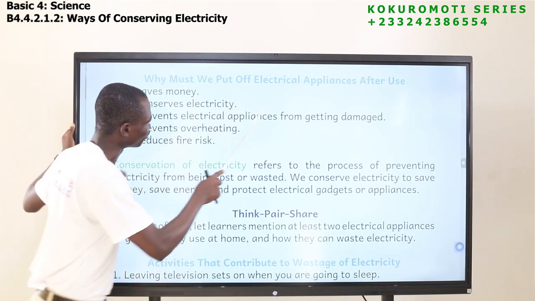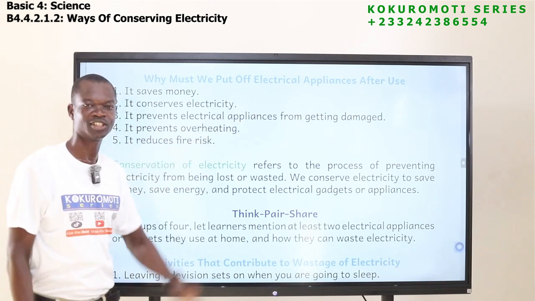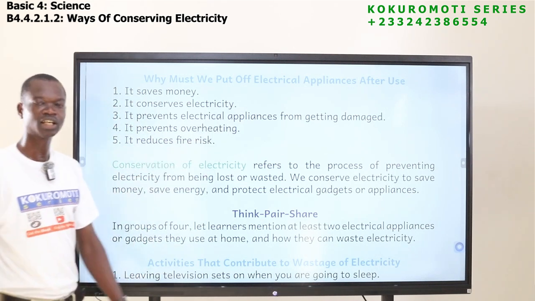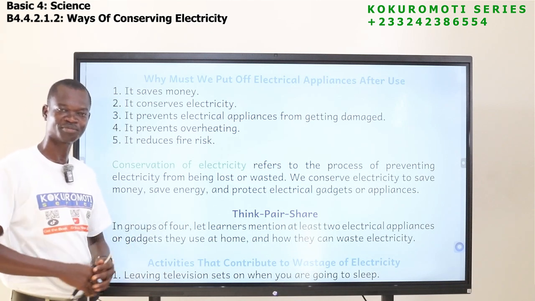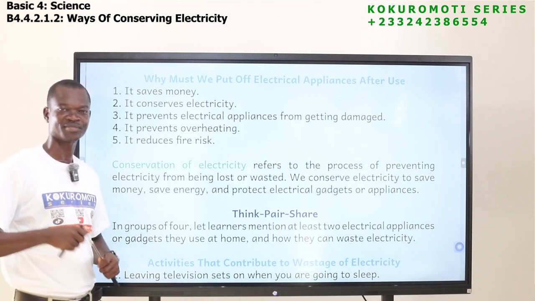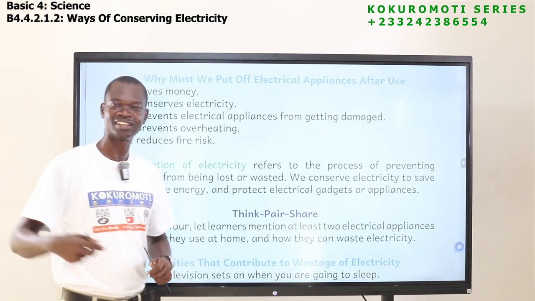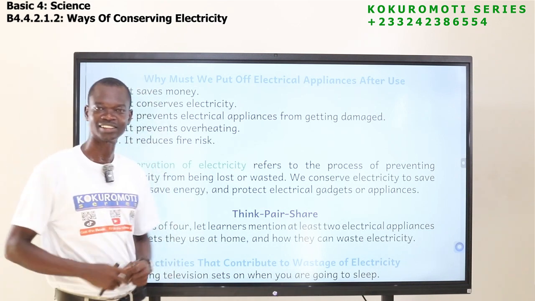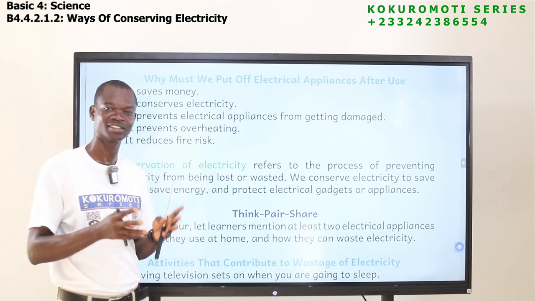Okay. The next one is reduces fire risk. Why must we turn off electrical appliances after use? It reduces fire risk. So your iron, if you don't put it off and it starts burning the cloth and other things around, the entire room will get burnt.